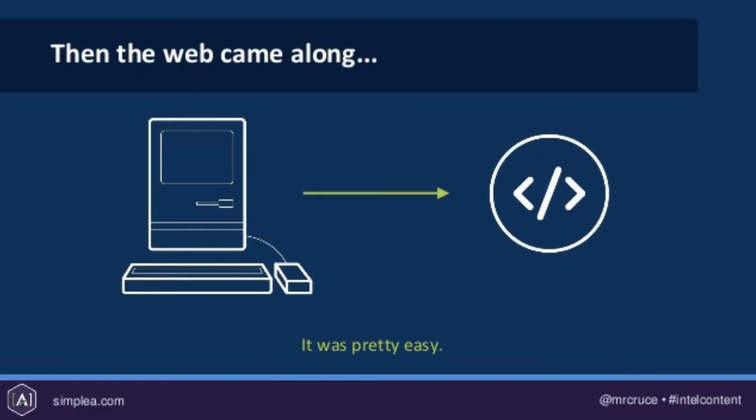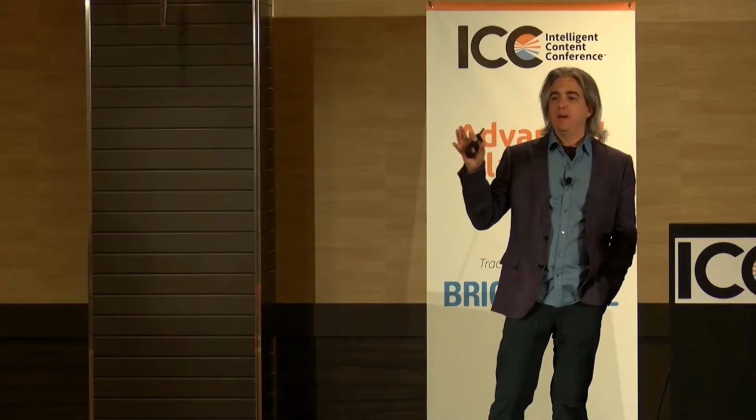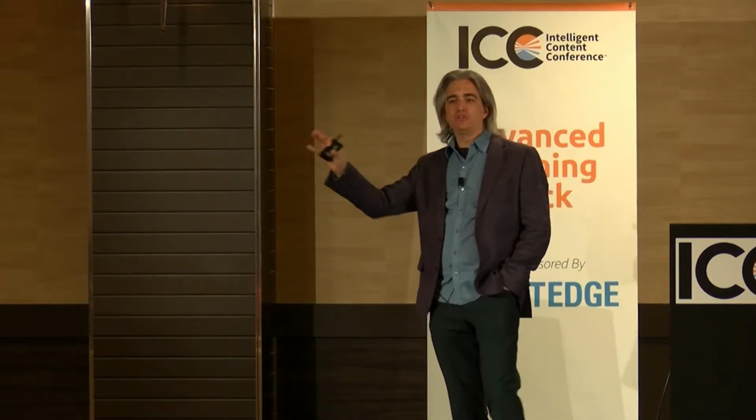But then the web came along, and the web was pretty easy, right? We were able to publish content, but now, when we published it to a web server, the content had a life cycle that lived much, much longer and could be searched and found at very low incremental cost by multiple users.